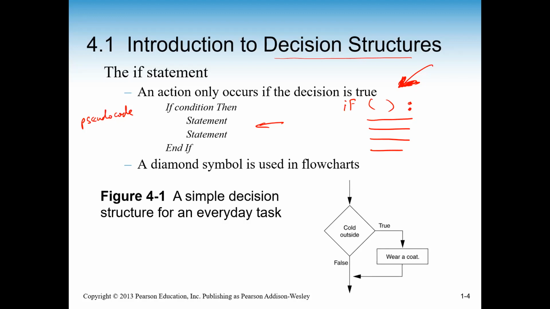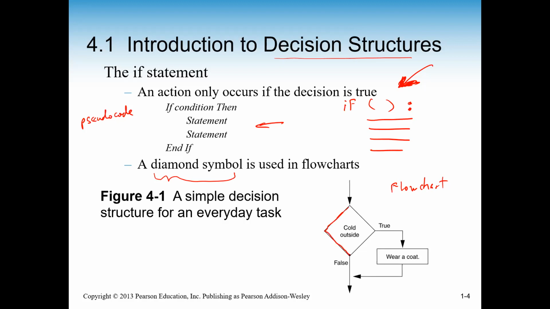All right, so now that's the pseudocode. Then we start talking about the flowchart, of course. As you can see here, for the flowchart, we're going to use a diamond symbol. And you can see, of course, that's here.